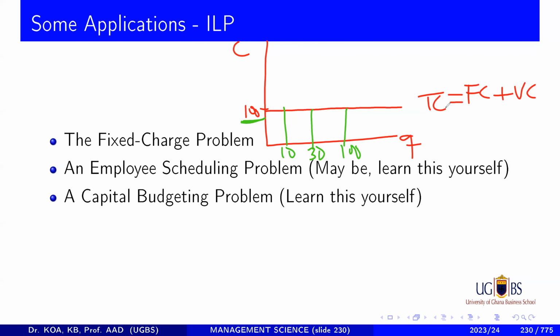If you pay for an airline ticket and the airline realizes that 200 people have paid for the ticket, the amount of food they budgeted for was for 200 people. But then during the check-in, they realized that only 80 people came for the flight.